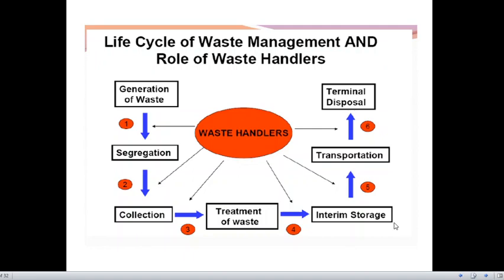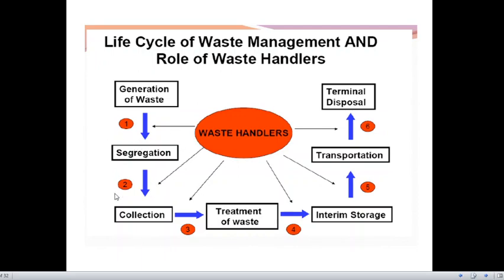So what is a proper cycle of waste management, as I've discussed earlier in the steps? This is a cycle that is shown here. First one is the generation of waste. The waste that is generated in the laboratories or in the hospitals is taken for number 2, segregation. After it is segregated, we go for collection.